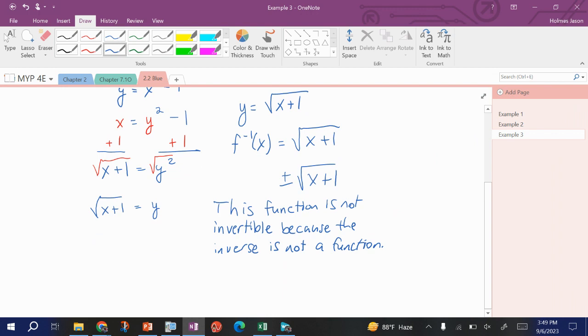All right, so that's kind of what it looks like when something turns out to not be a function, guys. It's not invertible because the inverse is not a function.